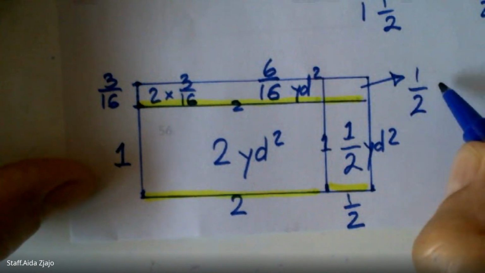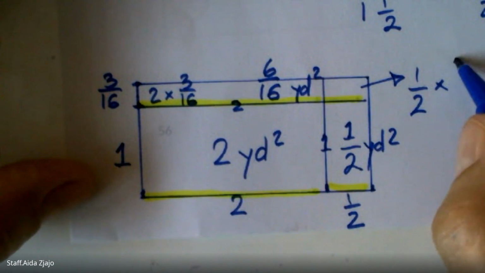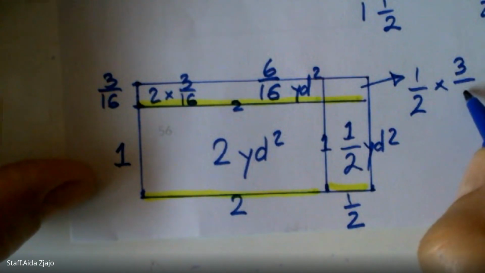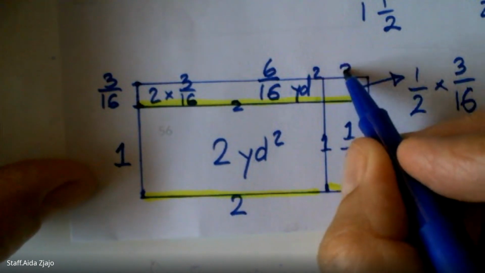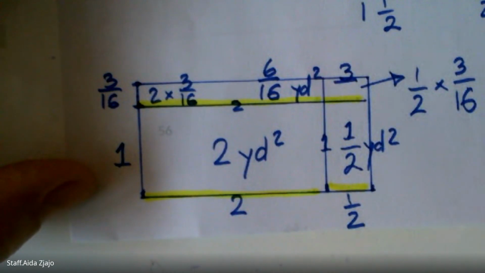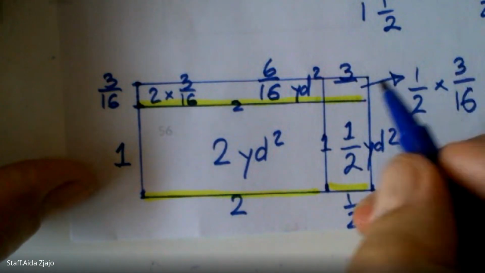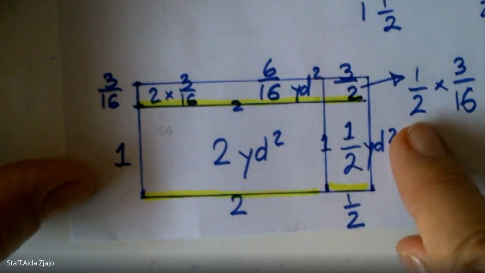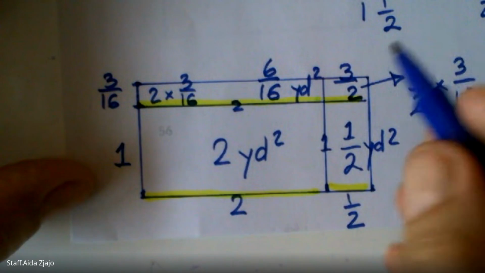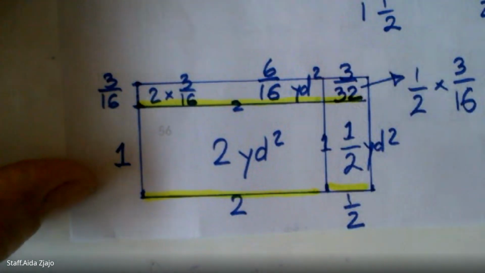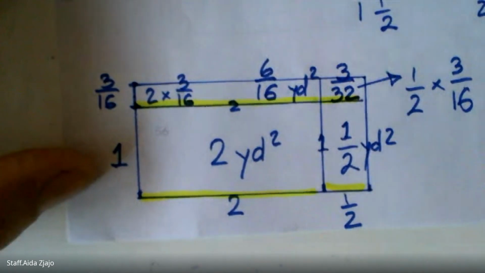So 1/2 of 3/16. 1 times 3 is 3, and 2 times 16 is 32. So 3/32s.